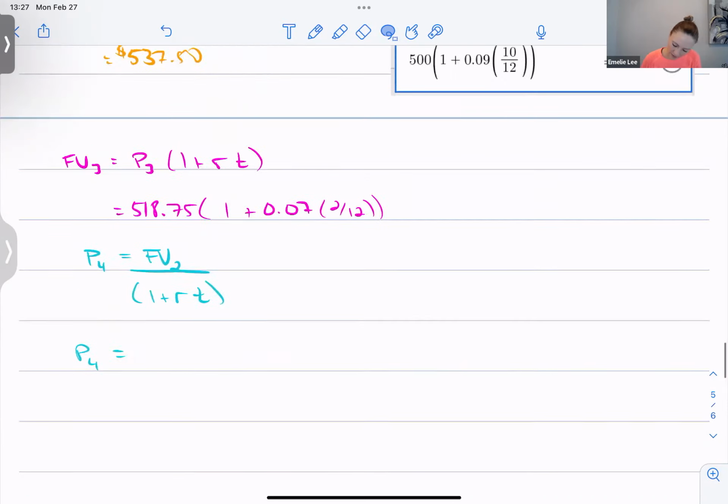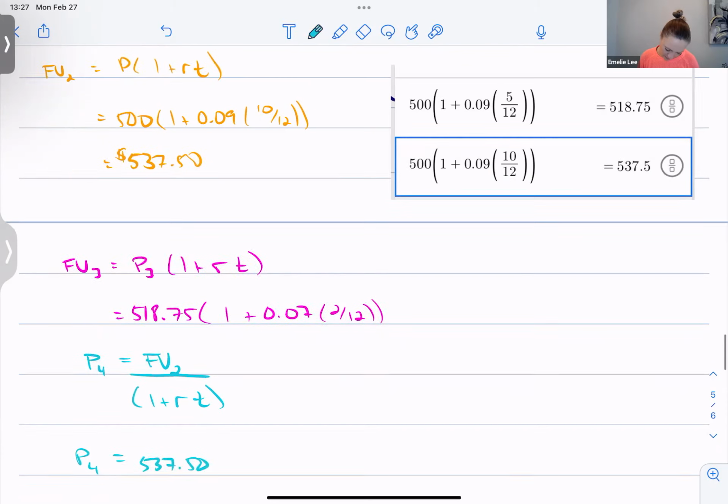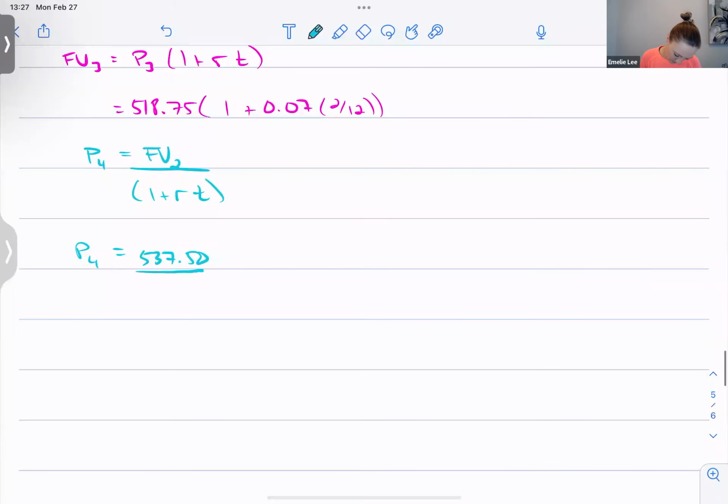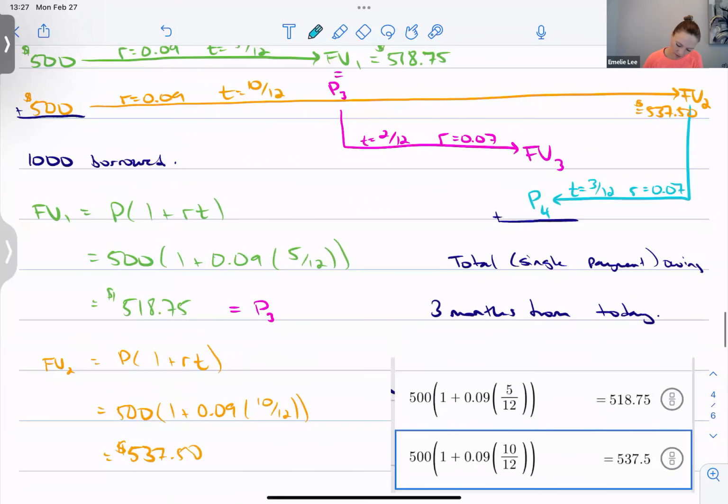P4 is future value 2, which is 537.50 divided by 1 plus that new rate 0.07. And how long was it? 3 months, so 3 over 12.